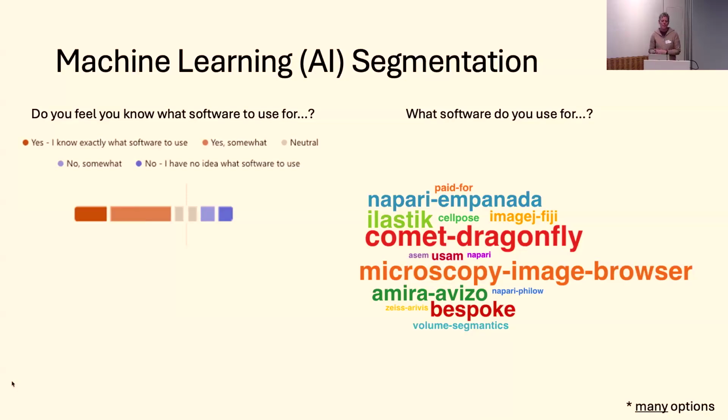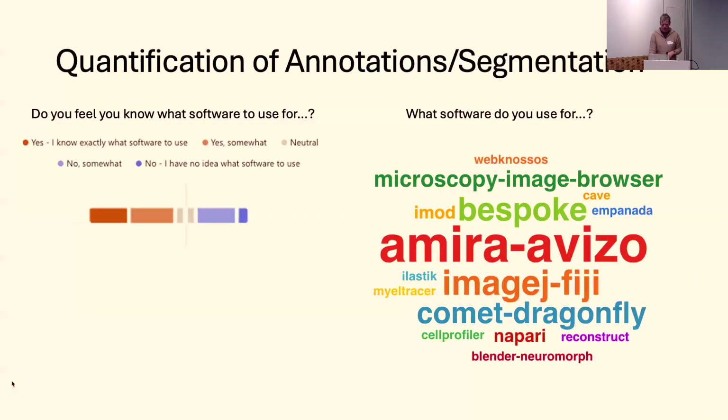So this is, in my experience, an example of where we're broadening across the field. There are lots of options and we're still developing in this area. So there are new options coming up each year. And it hasn't yet tailored down into something that is consistently used by most people in the field yet. So we're still broadening in the field of machine learning AI segmentation.